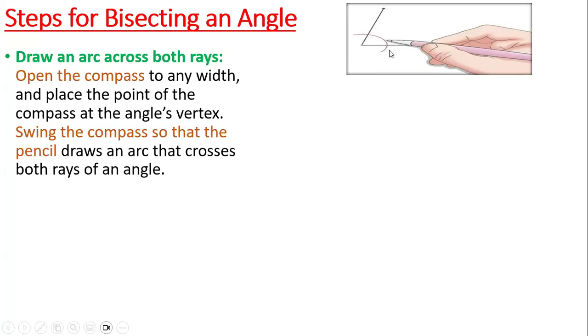The arc doesn't have to be big. It could be 30% of the way, 40% of the way. Ideally 40% is good. It's basically like you are doing a 60-degree angle.